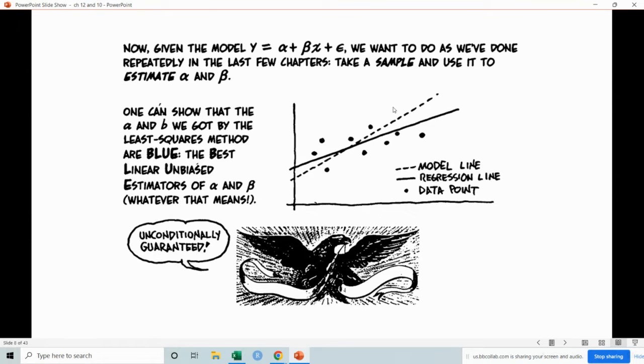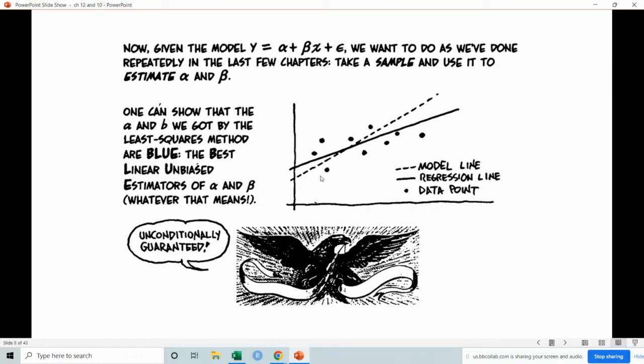One can show that the alpha and beta we got by the least squares method are BLUE, the best linear unbiased estimators of alpha and beta. Basically that means what it says: linear regression is trying to find the best linear unbiased estimator because we're taking estimates of alpha and beta, and we want to minimize those errors.